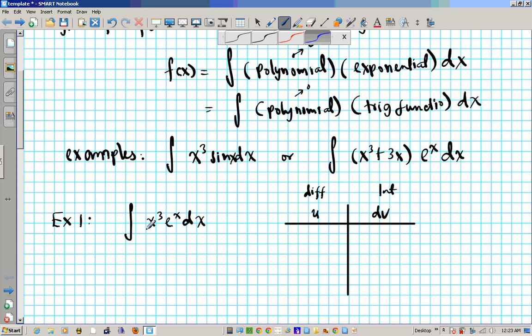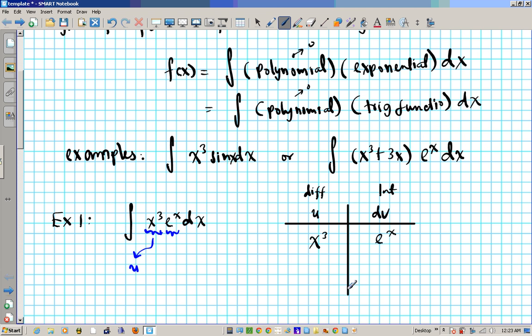The question is, which of them will eventually become 0 upon multiple differentiation? The polynomial function. The polynomial function is always your u, because every polynomial eventually terminates to 0 when you differentiate it a certain number of times, depending on the degree. So in this case, our u is x to the third, and our dv is e to the x.